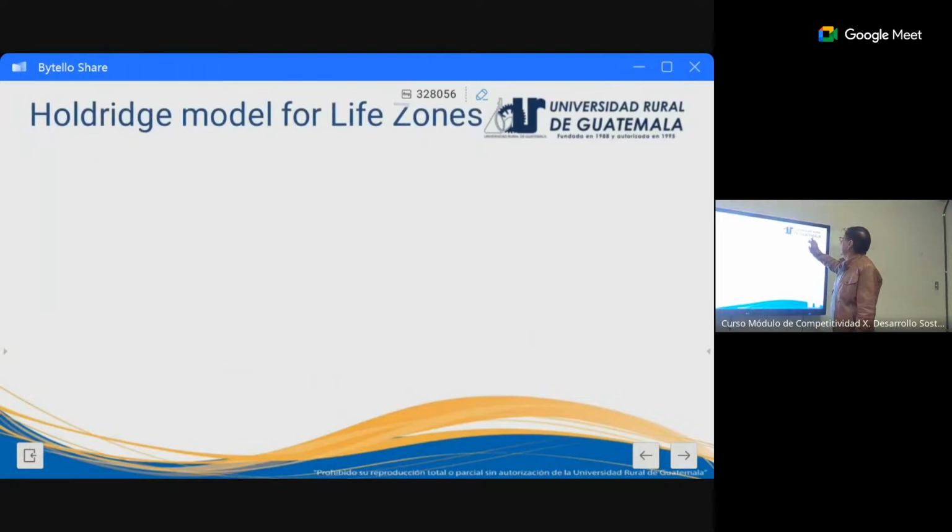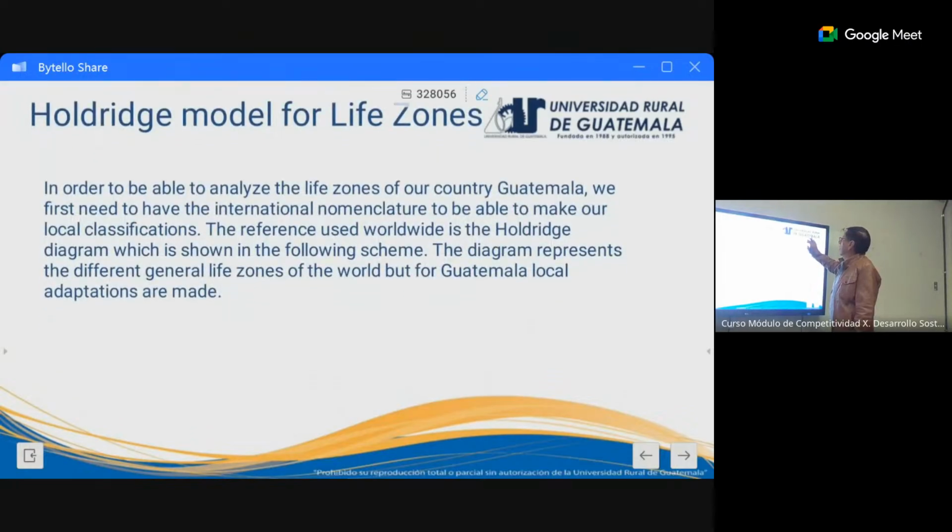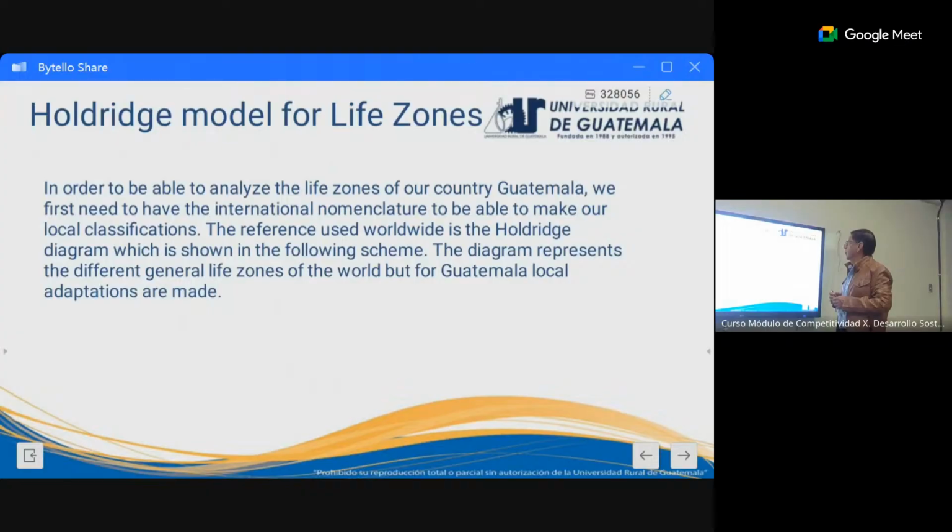Coleridge model for life zones. Okay, this is a diagram that was created a few years ago, and that is used around the world in order to be able to analyze the life zones of our country, and of course in other countries. We first need to have the international nomenclature to be able to make our local classifications.